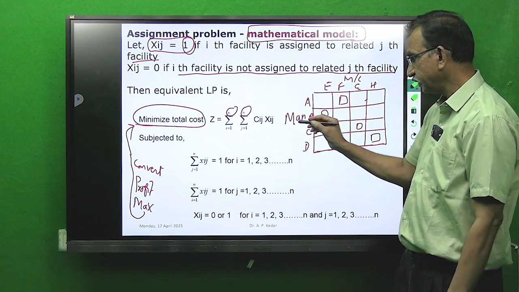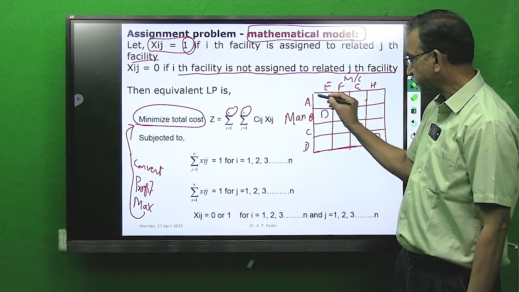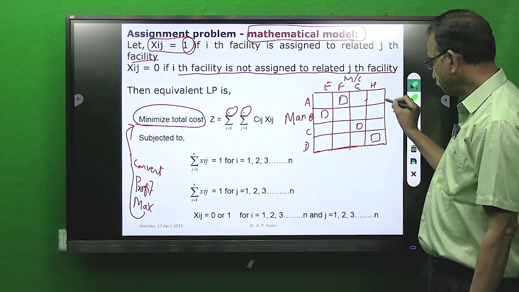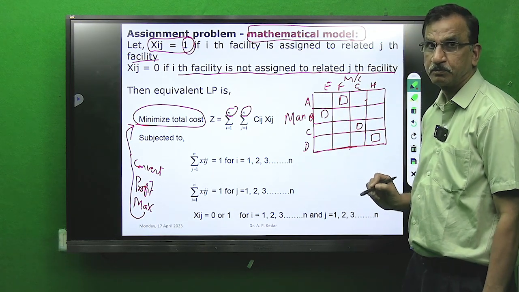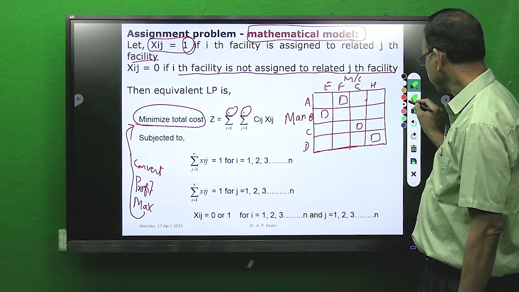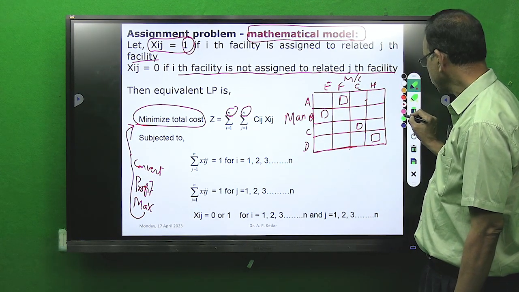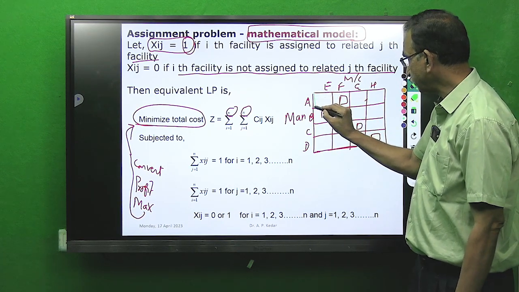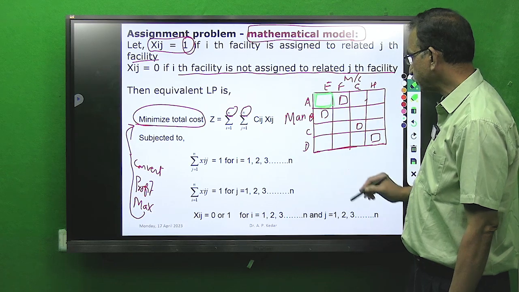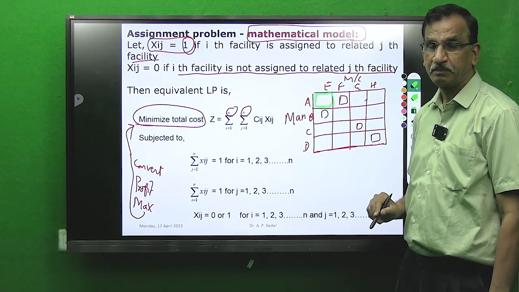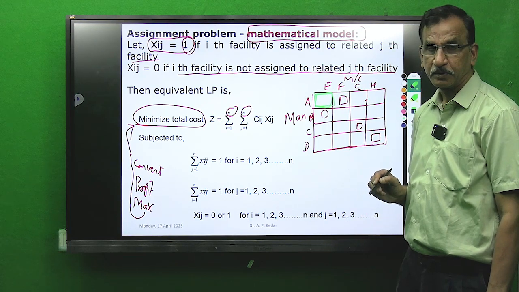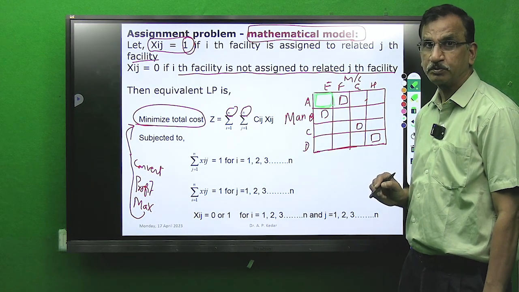Cij and Xij. Cij is this particular value. See now, this is a 4 by 4 matrix, and in this matrix, this particular portion which I am drawing in green color is called a cell of the matrix.